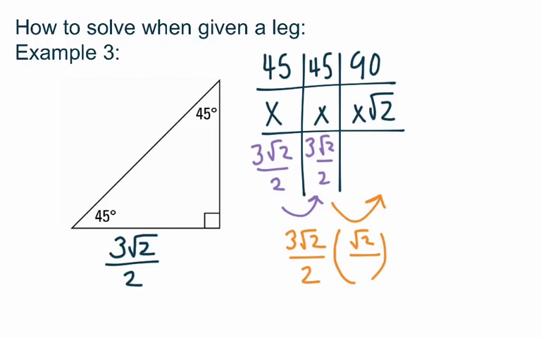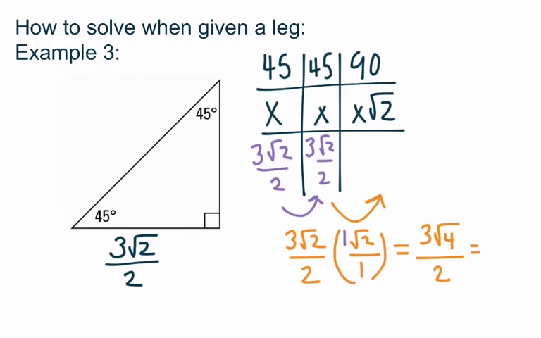Now I'm going to turn that into a fraction. When we multiply fractions, we multiply the numerators and multiply the denominators. So the top will have 3 times 1, which is 3, and square root of 2 times square root of 2, which is square root of 4. On the bottom, 2 times 1 is 2.